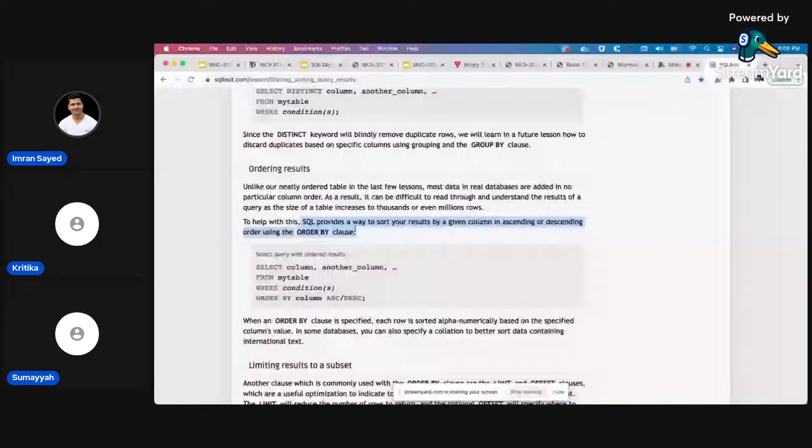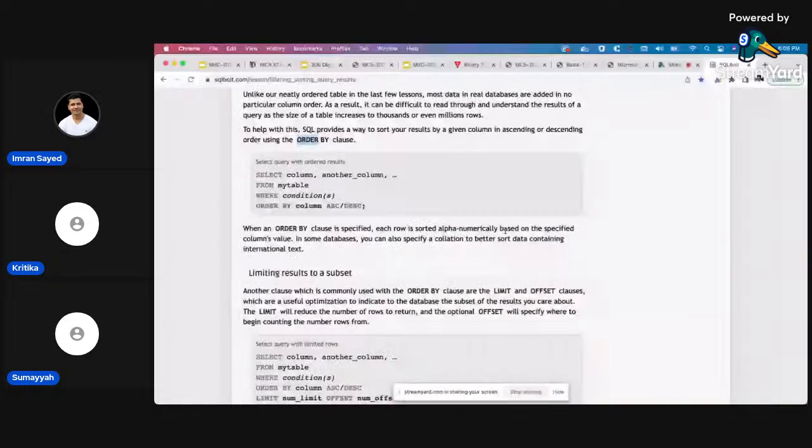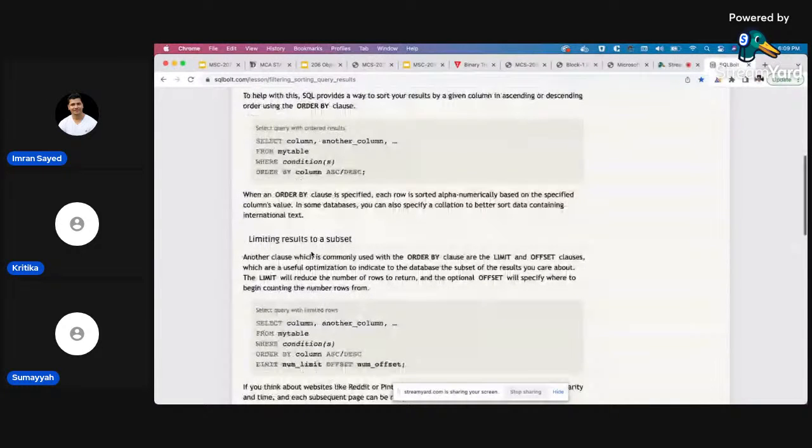When the order by clause is specified, each row is sorted in an alphanumeric way based on the specified columns. So if it's alphabetical, it'll go by that. If it's numeric, it'll go by that. If it is a combination of both, then it'll be alphanumeric. In some databases, you can specify a collation to better sort data containing international text.